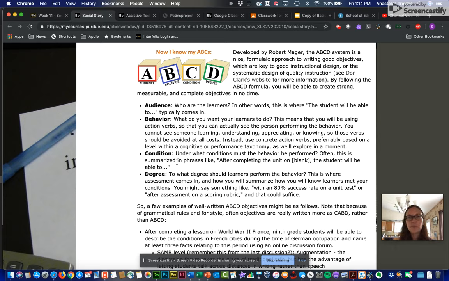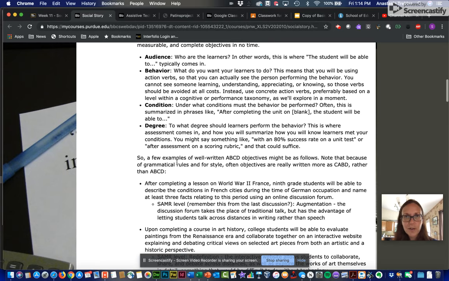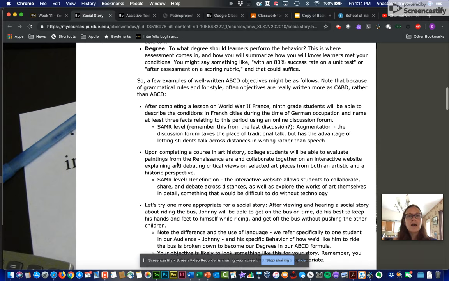So, after reading the social story, Johnny will be able to get his lunch, sit at his table, and use his inside voice. That might be it. There's our degree. We want him to use his inside voice and get his lunch, sit at the table. Maybe that's the objective. You can of course modify all those however you wish.